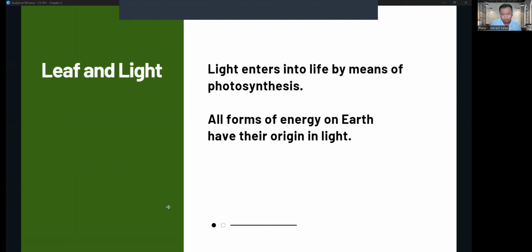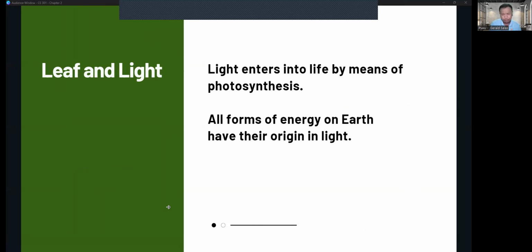Since elementary, since high school, photosynthesis has been taught to us, and a very good machinery that developed in an organism are the leaves.